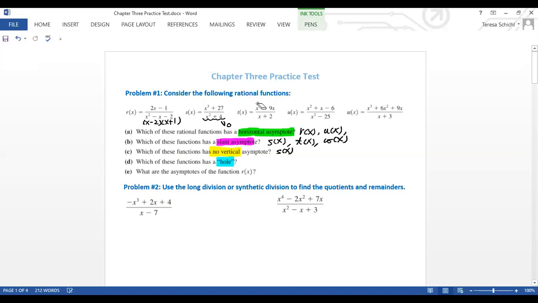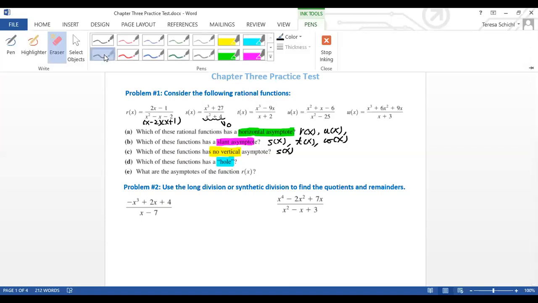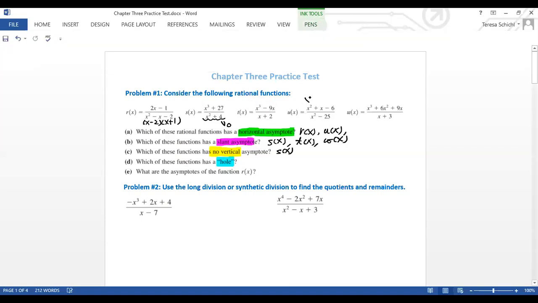How about U(x) here? The top one I can factor as x plus 3, x minus 2, and the bottom is x minus 5, x plus 5. Nothing you can cancel, so there's no hole here. For this one, I factor the x out.